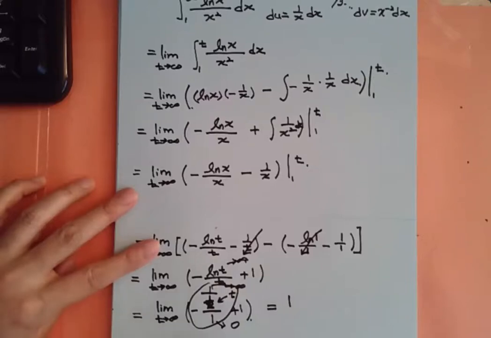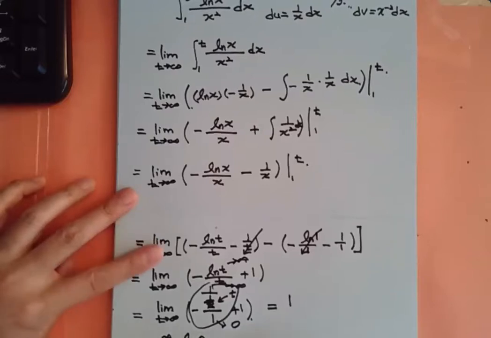Therefore, the summation n equals 1 to infinity, natural log of n over n squared converges by the integral test.